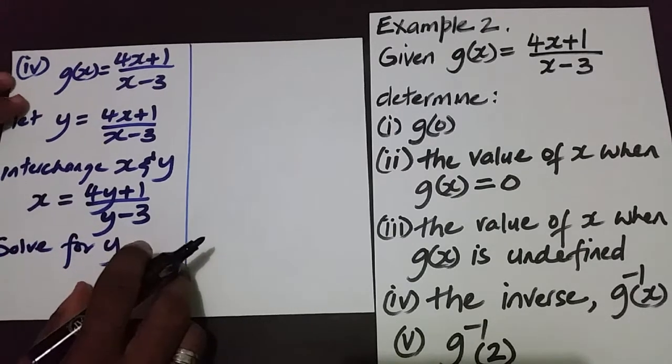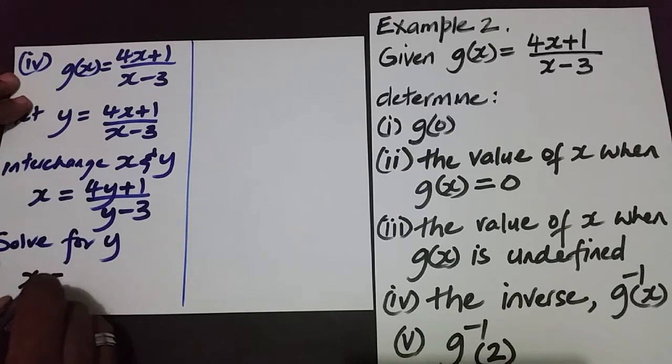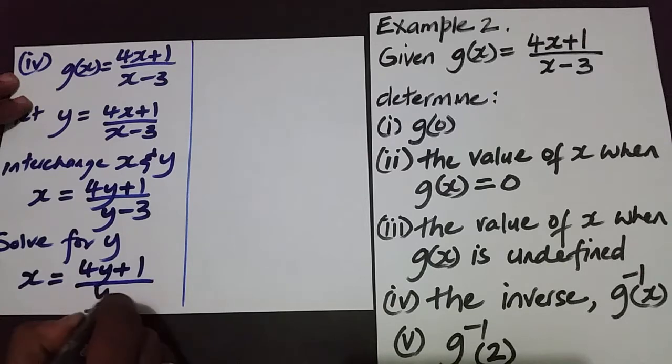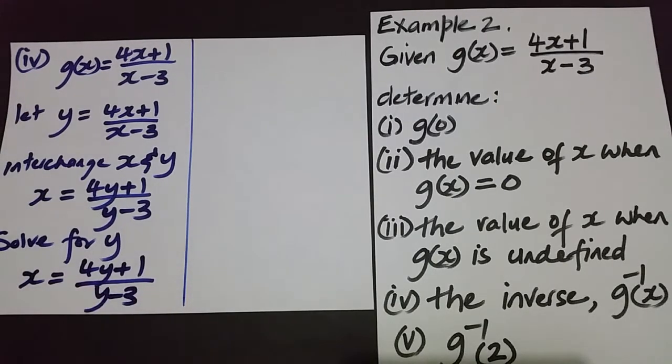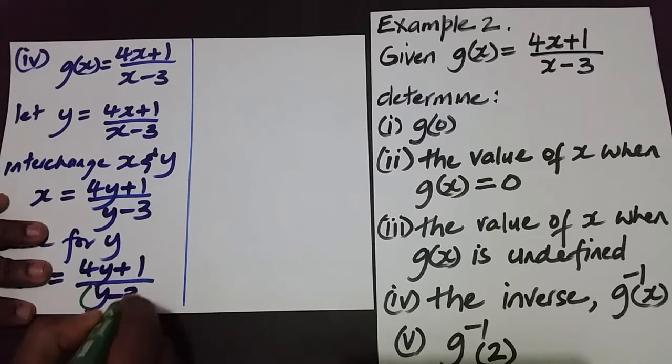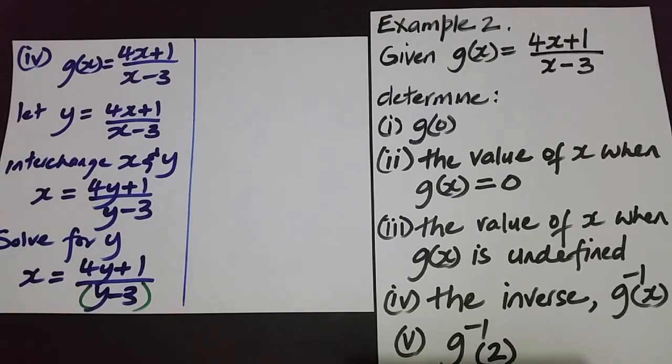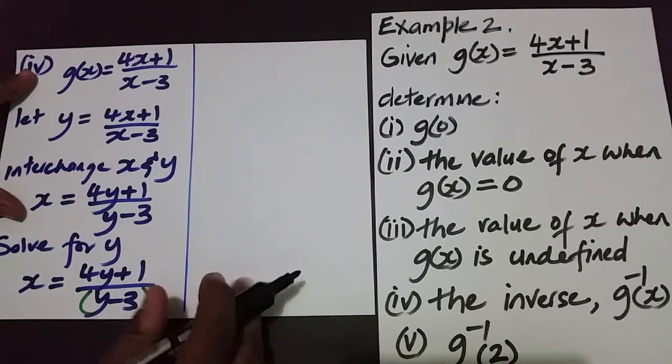Very simple. Now again, I'm going to rewrite this. And I'm going to stress once more that when you're going to solve for y now, whatever the denominator is, put that in bracket, because again, without the brackets, you're going to get it wrong. So ensure that you put the denominator in bracket before we decide to cross multiply.